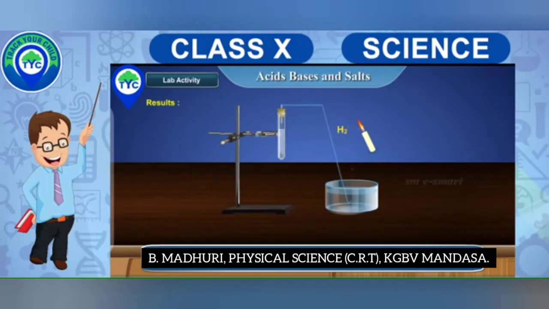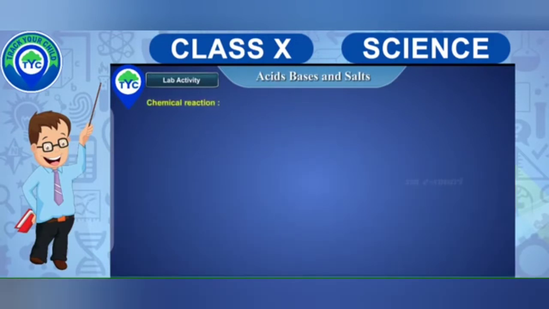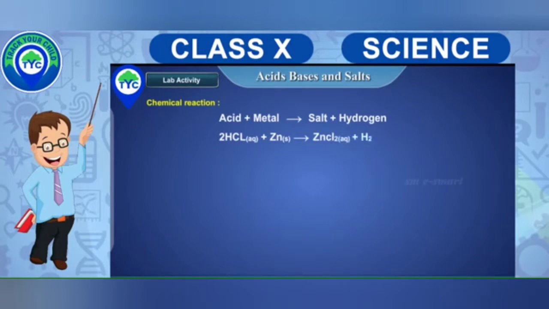Chemical reaction: acid plus metal gives salt plus hydrogen. 2HCl (aqueous) plus Zn (solid) gives ZnCl2 (aqueous) plus H2 (gas).